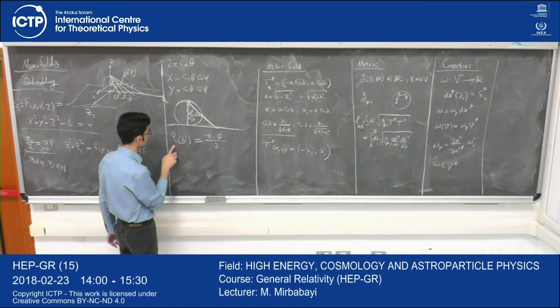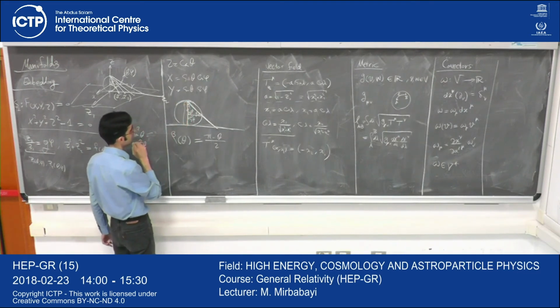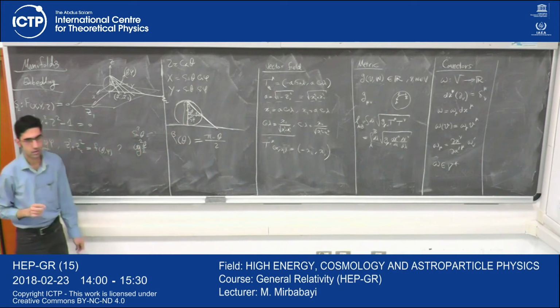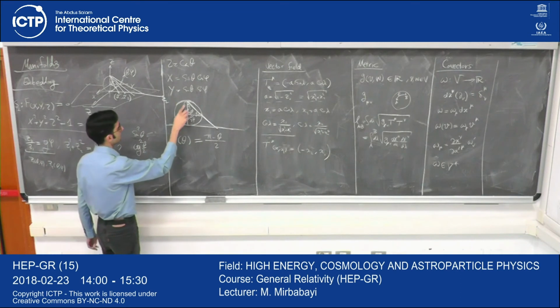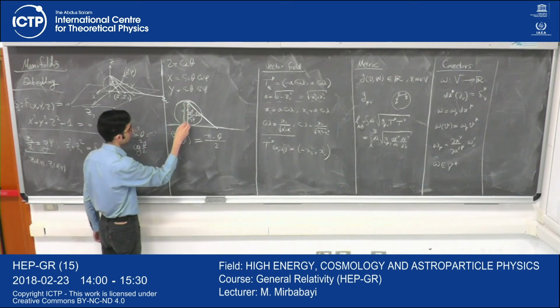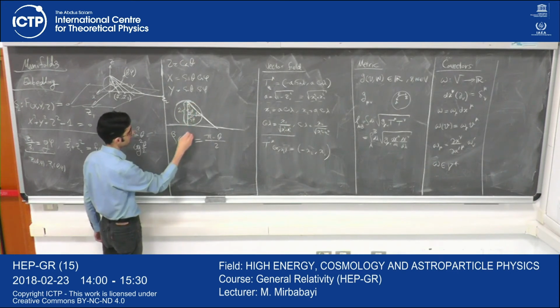So this is beta. What is this length? This length is 2. And beta, we know what it is. So what is this length?